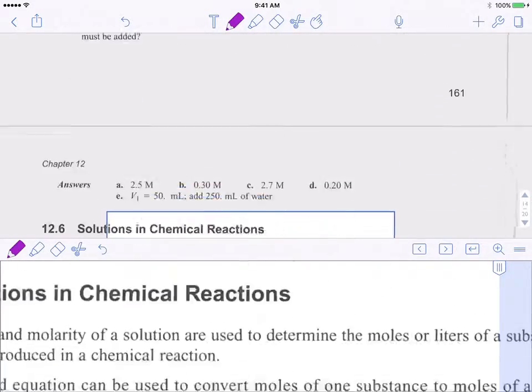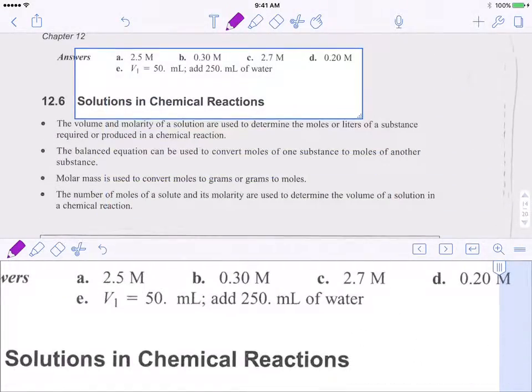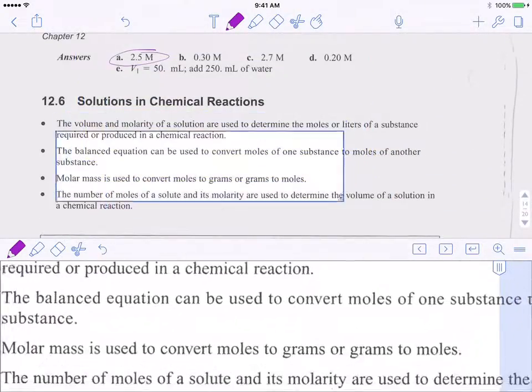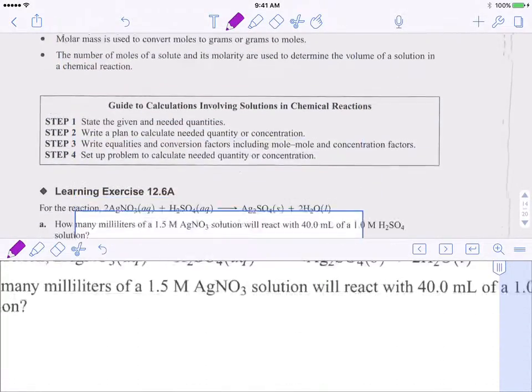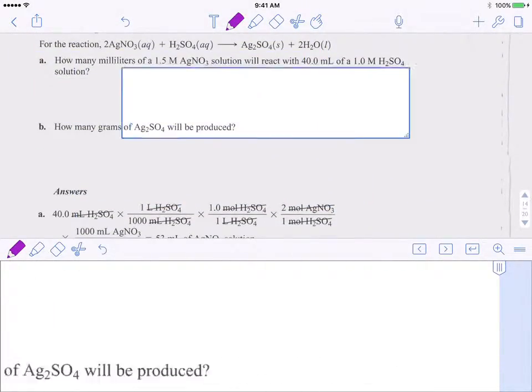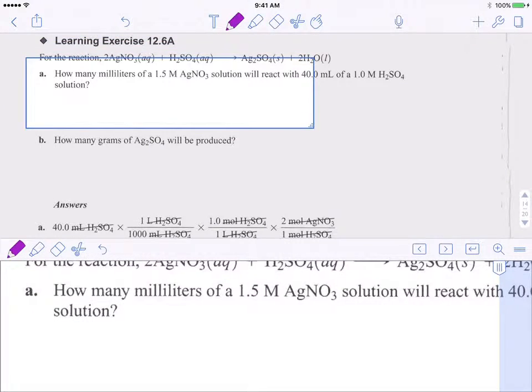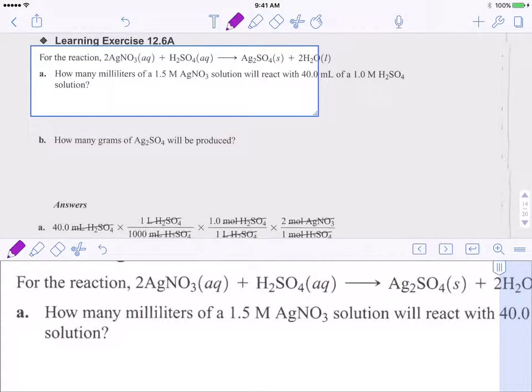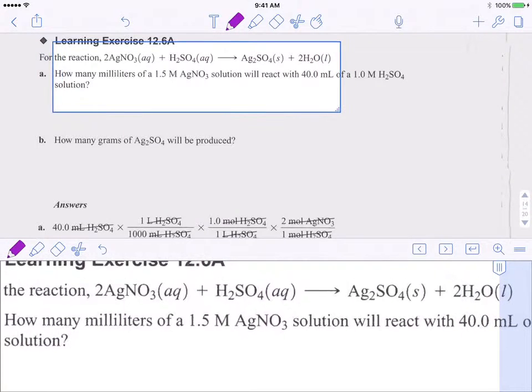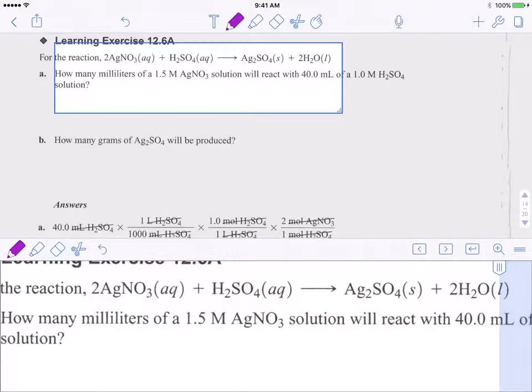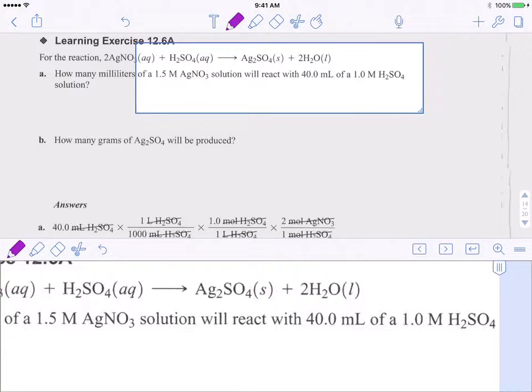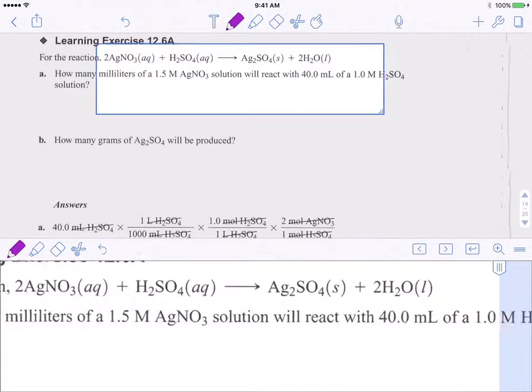All right, we're almost done. Check my work. Perfect. 12.6. Oh man, chemical reaction. So these are 3 questions. All right, so here's a chemical reaction. How many milliliters of AgNO3 will react with this much milliliters of H2SO4?